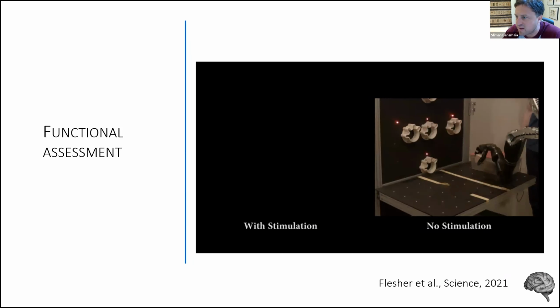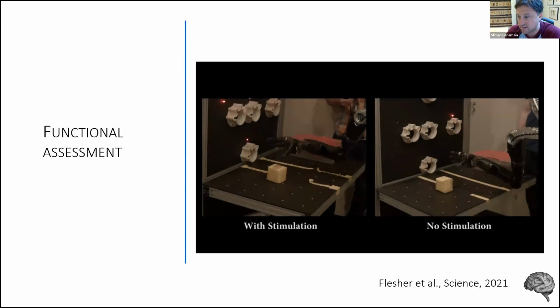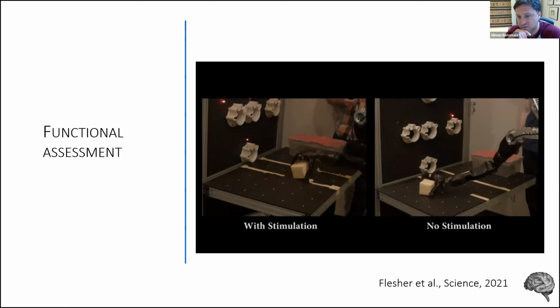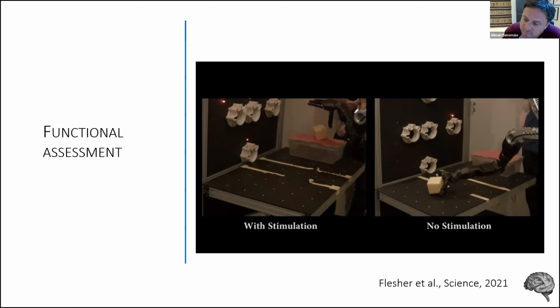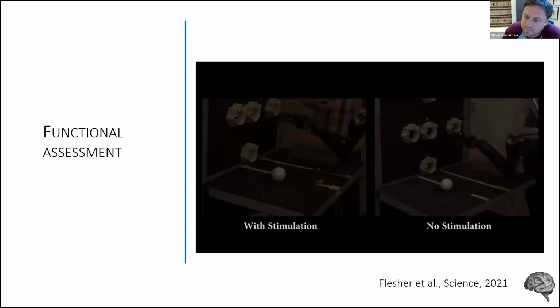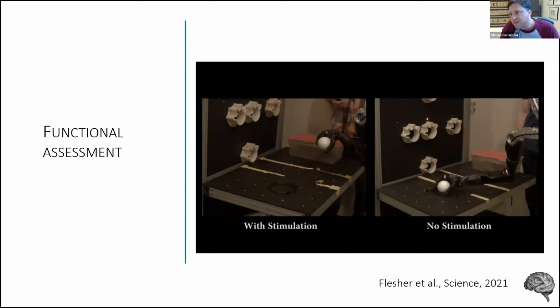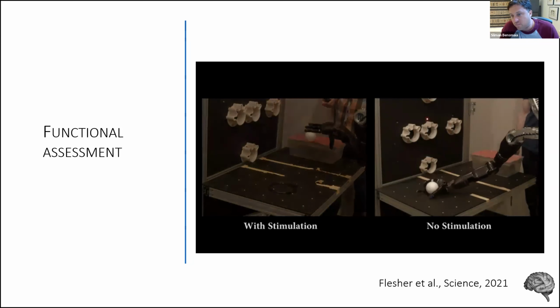You can eyeball this and see, on the left and the right, he's grasping the same objects with and without this artificial touch, right? And you can see from this video, and this is published in Science last year, if you want to see the actual data, that he is much faster doing this task with stimulation than without, right? So that's basically the state of the art right now.